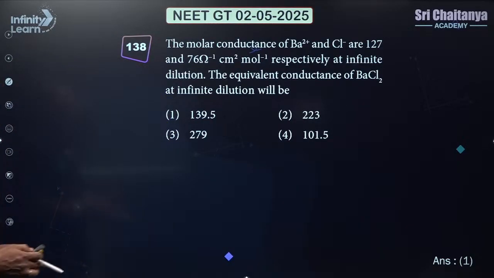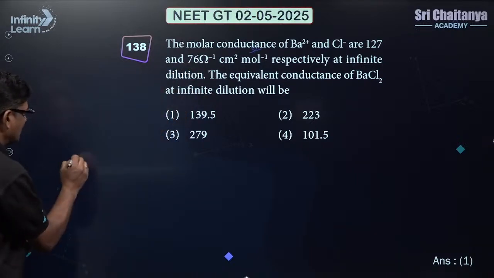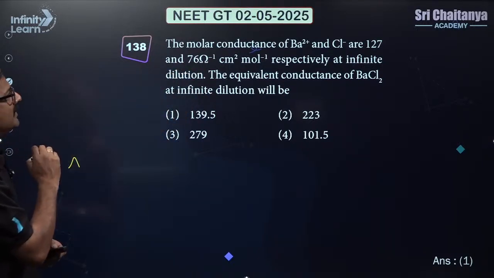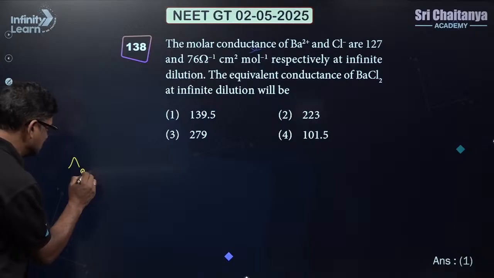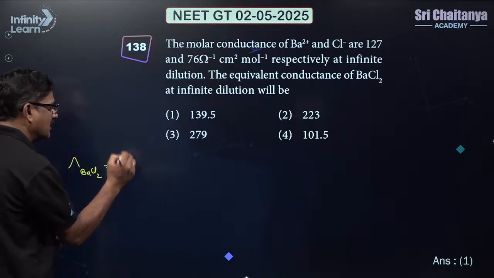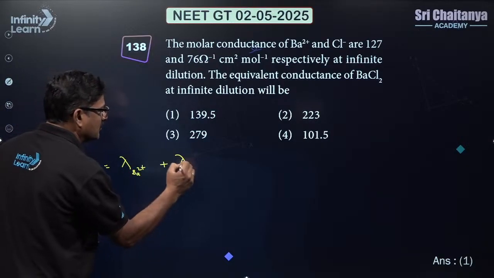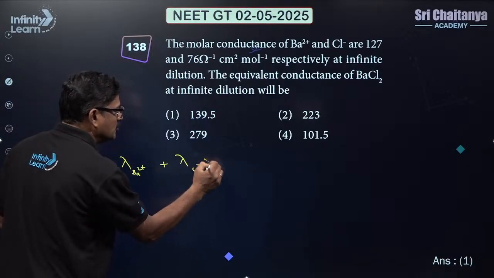The molecular conductance of barium 2 plus and Cl minus are given. So barium chloride is ionic mobility of barium 2 plus plus ionic mobility of Cl minus into 2.